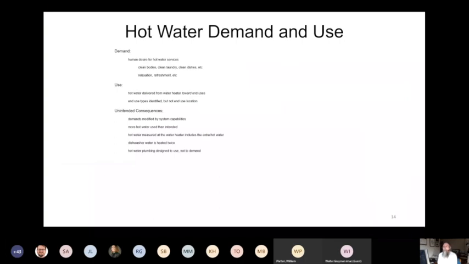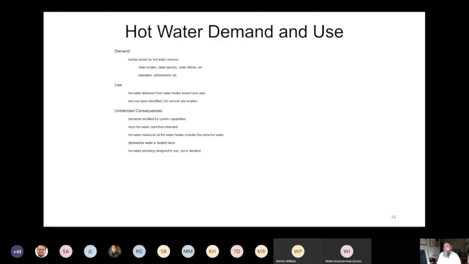This is where, I'm trying to apologize for the text being so small, we get to the difference between demand and use. The demand is, we want hot water services. We want clean bodies. We want clean dishes. And some of us like to get the benefit of relaxation or refreshment from showers.